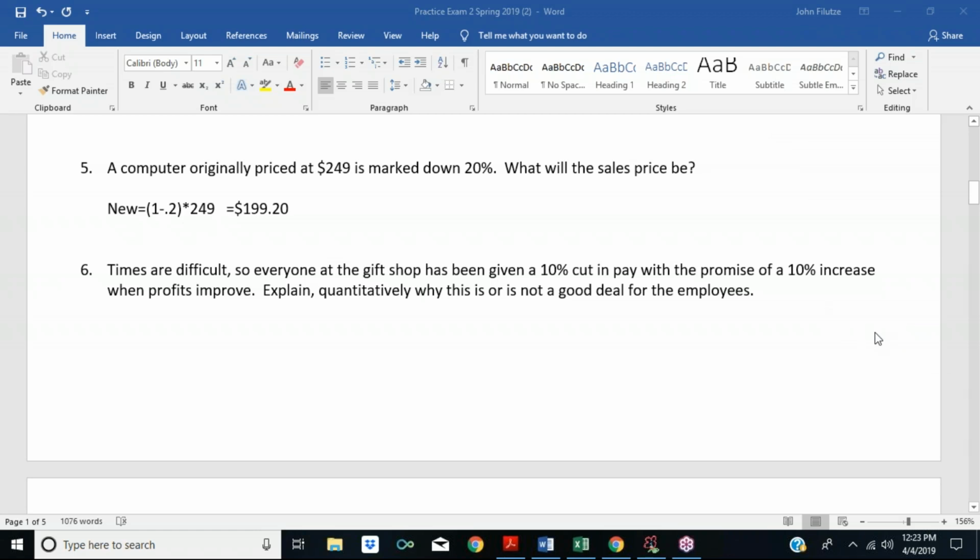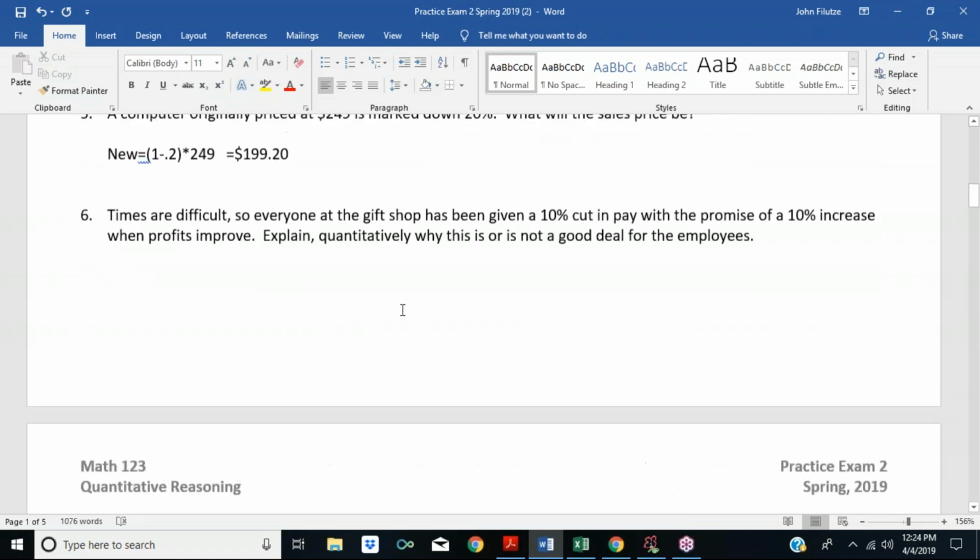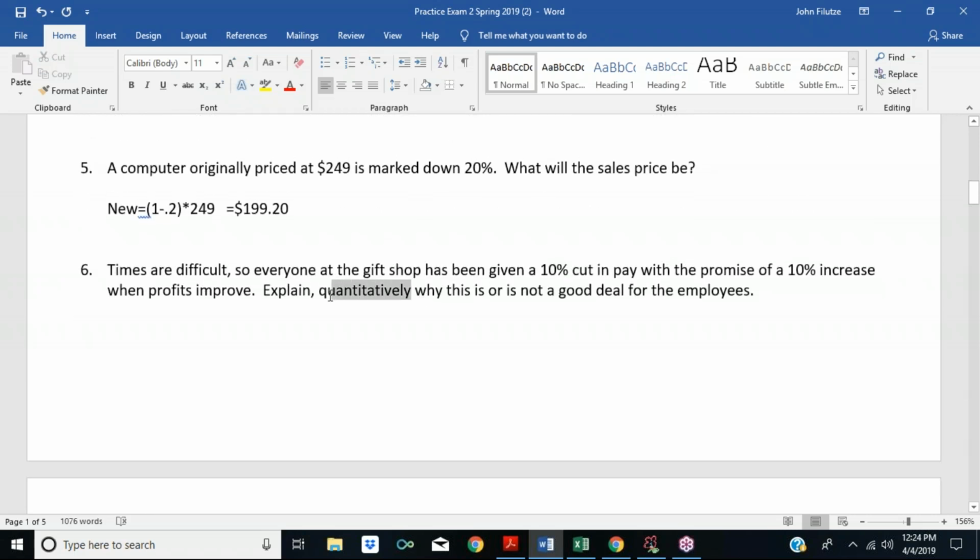All right, so both answers in the chat box are correct, but they're not quantitative. So quantitatively means we've got to add some values to our answer. So you're both correct, but we want to get a quantitative answer.